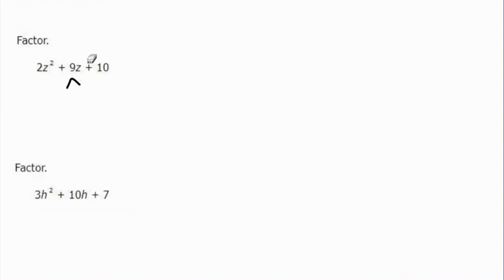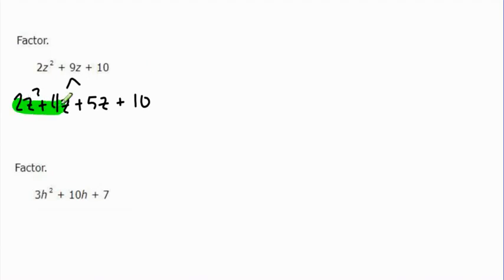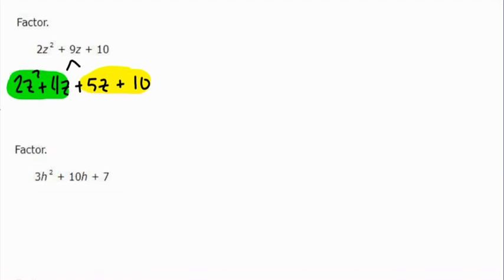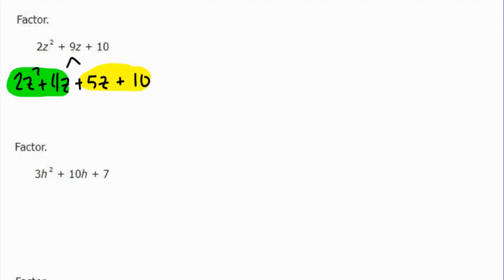Okay, so taking into consideration these other 2 numbers, I'm going to break 9z into 4z plus 5z. Now I bring down this 2z squared plus 4z plus 5z, and then bring down this 10. I want to factor out common factors among these 2 sets of terms. 2z squared and 4z share a factor of 2z.